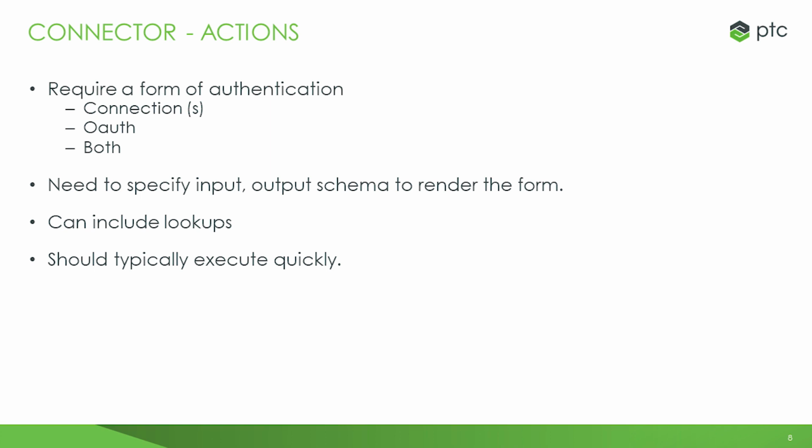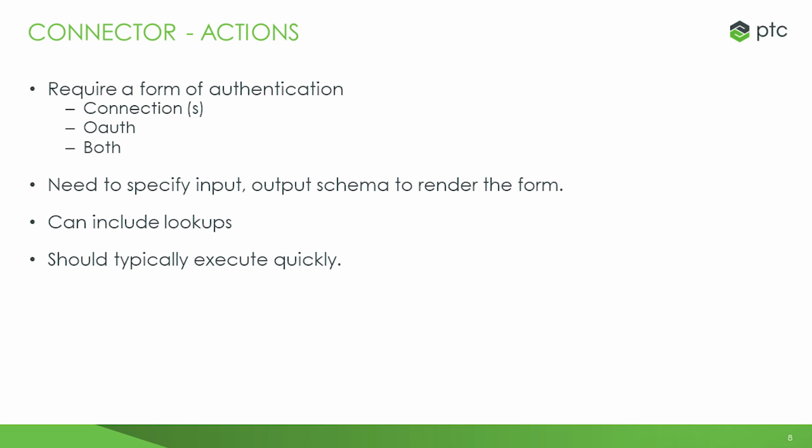The next thing we are going to look at is our actions. Now, actions require you to specify some sort of authentication, and every action will have an input for specifying the connection to use, or OAuth, or one of them. For actions, one has to specify the input and output schema while developing the action, and this schema is used to render the form fields for the actions.